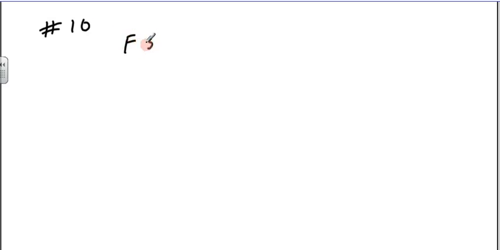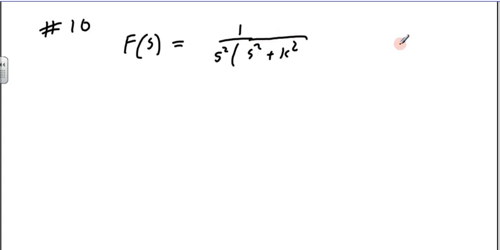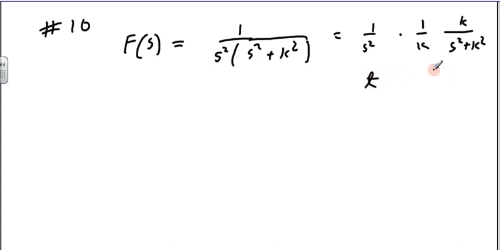We have F of s is equal to 1 over s squared plus k squared, and we see that that's going to be 1 over s squared times k over s squared plus k squared, and that guy is going to be a t, and this guy is going to look like sine kt over k, all multiplied together.